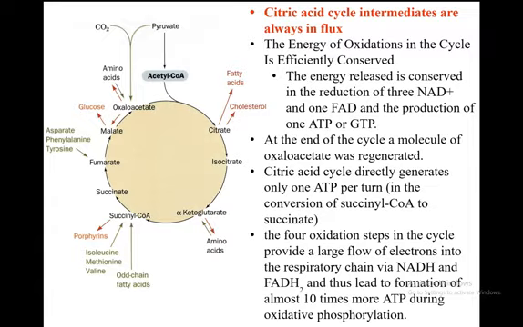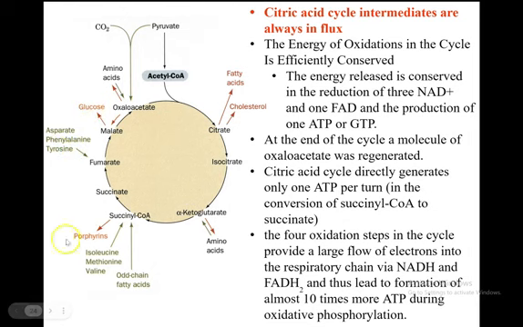And so this citric acid cycle has intermediates that are always in flux. Oxaloacetate can also be used to make amino acids. Malate can also be used to make glucose.